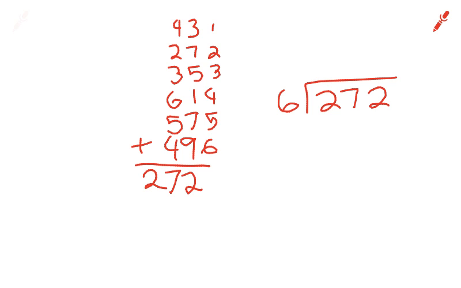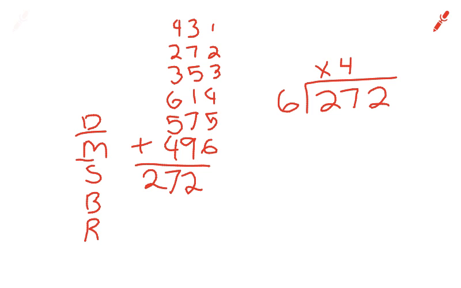6 goes into 27. Let me back up, and let's practice our old steps of dad, mom, sister, brother, and rover. First our dad step. Divide 6 into 2. Does it go into 2? No, so we'll put an X there. Then 6 into 27. Yes, it does. We're going to put a 4.